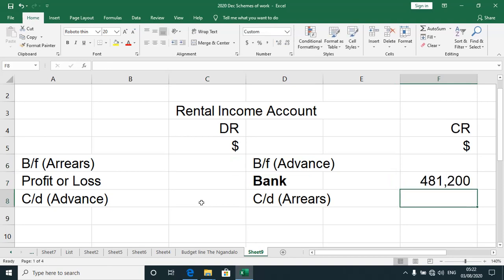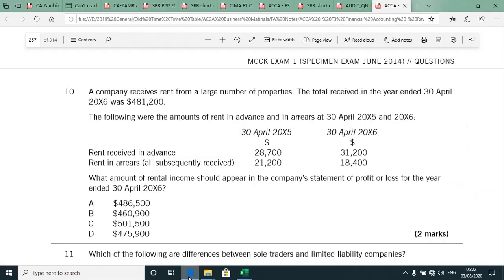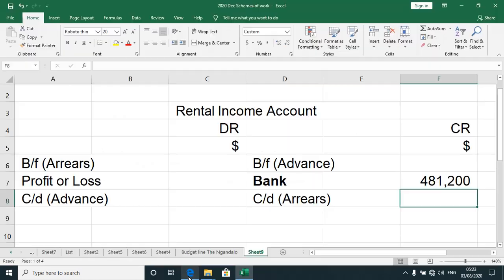Next, you have got the amounts there. Rent received in advance. The advance received in X5 becomes the opening balance for X6, and the advance received in X6 is pushed on the other side. So let me start with 28.7 as my advance on top there.